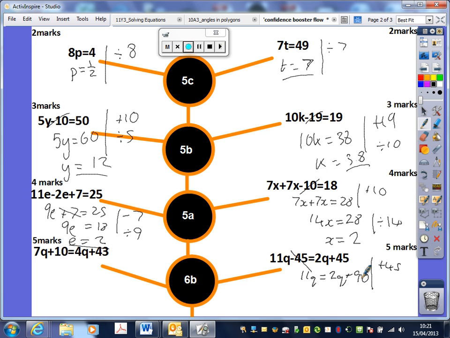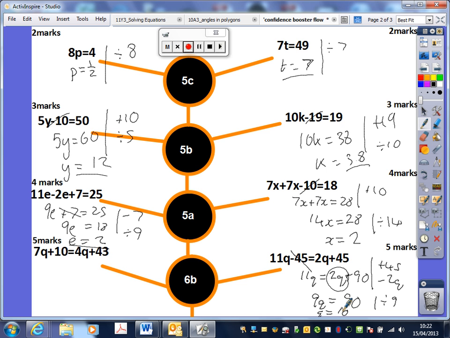Take away the 2q because we've got a positive 2q here. We take that away. 11q minus 2q is 9q. 9q is equal to what? 90. Okay? And then we've got 9 times q. So opposite of that is divide by 9. So q is equal to 10. Okay? Straightforward. Just a bit of a recap really.